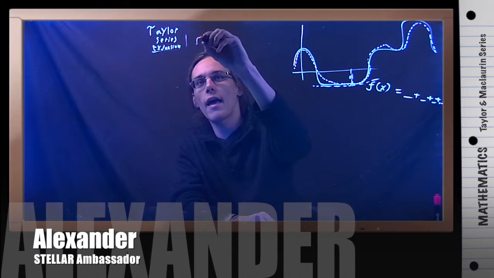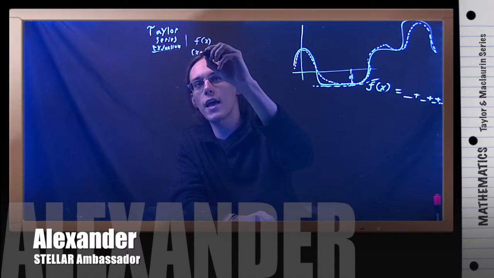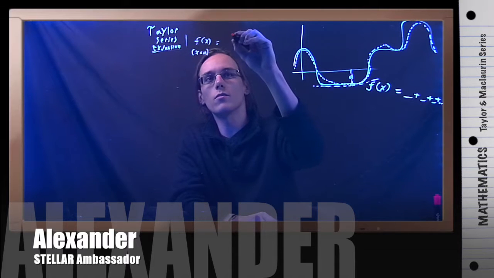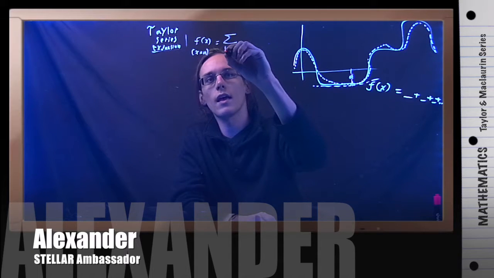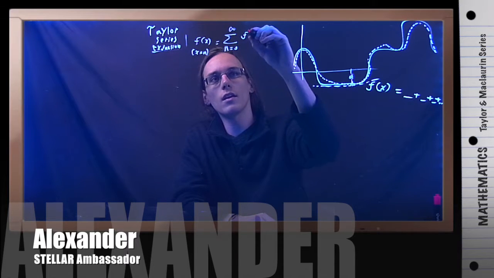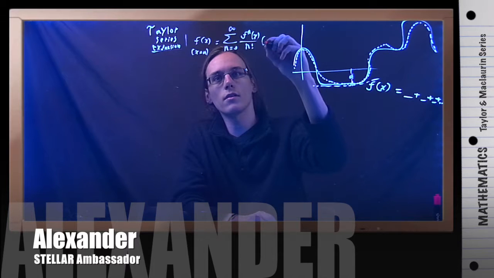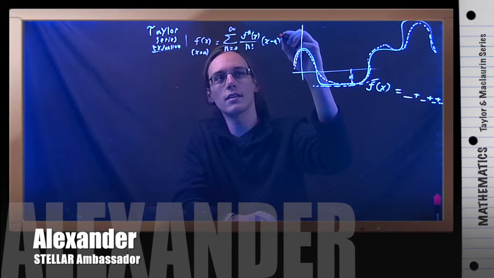And a Taylor series always has to be relative to some function. You're doing the Taylor series on a function. And it's f of x about some point x equals a, is equal to the sum, as n goes from 0 to infinity, of the nth derivative of the function over n factorial times x minus a to the n.